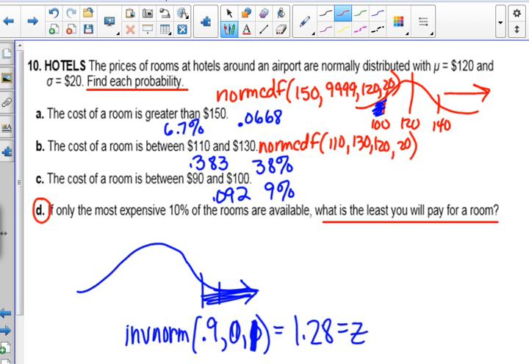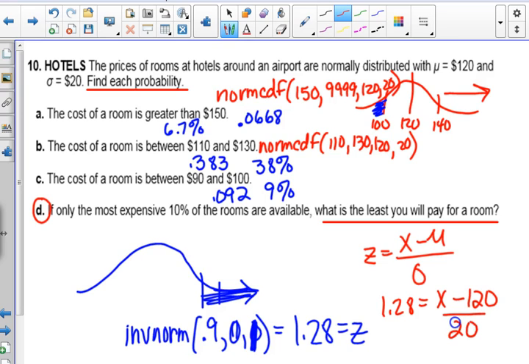Now, what's the formula for the z-score say? Minus mean divided by standard deviation. What are we trying to convert it to? Yeah, we need this x value. So we have 1.28 equals x minus 120 over 20.